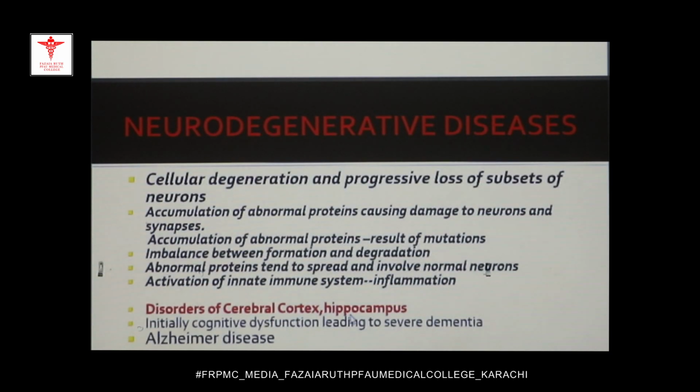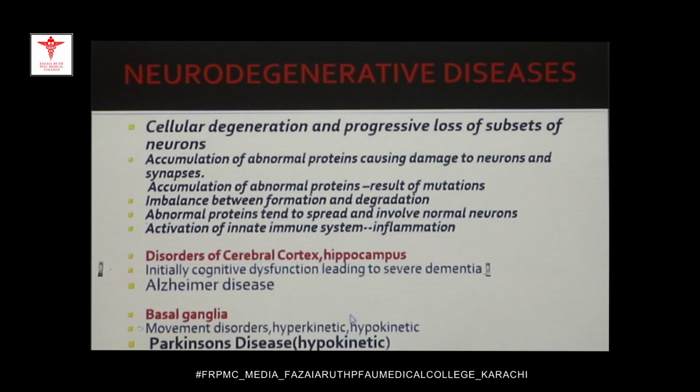Now, what are neurodegenerative disorders? There is cellular degeneration and progressive loss of subsets of neurons and their interconnections. Underlying the pathology is the abnormal accumulation of certain proteins which damage the neurons and their synapses.